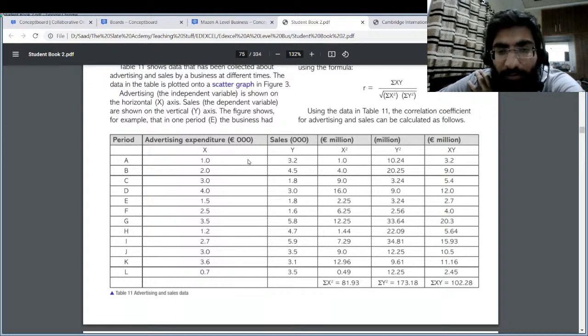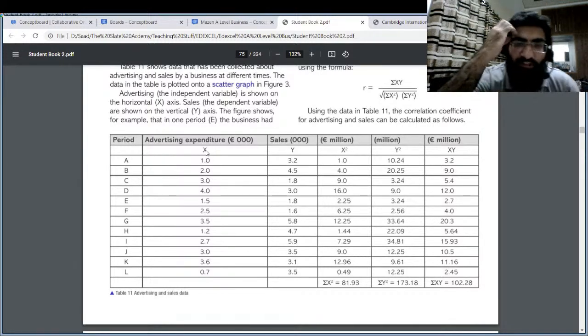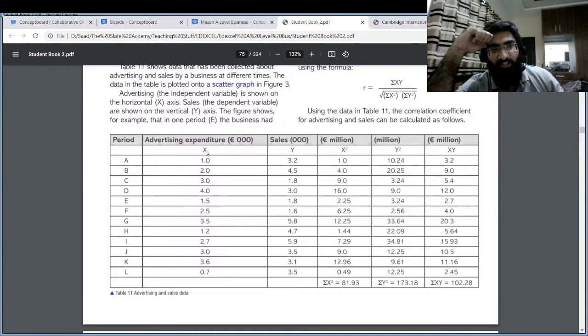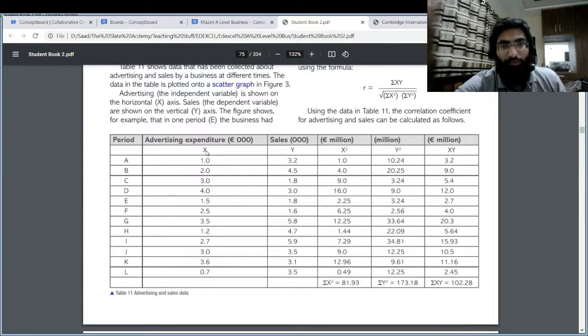For maths and for graphs, what we usually do is take x on the x-axis as the independent variable, and y is the dependent variable. Sales might be dependent on how much advertising expenditure you've done, but advertisement expenditure has no effect on what your sales is.